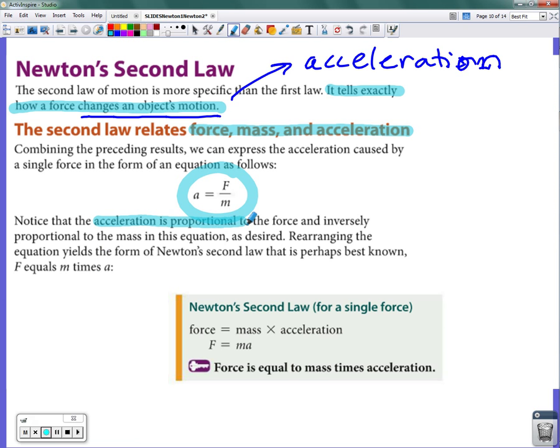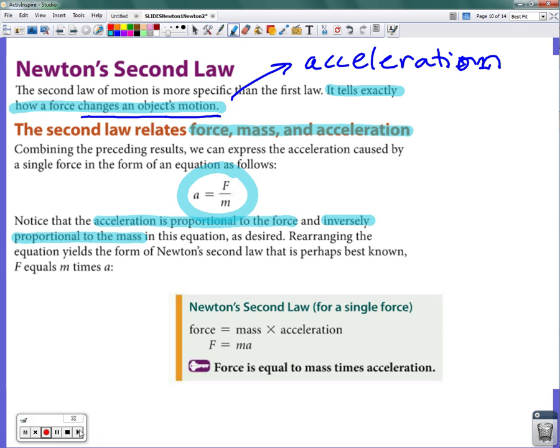Acceleration is proportional to the force. However, mass being on the bottom of that fraction, if we make the mass bigger while keeping the force the same, if the bottom of a fraction gets bigger, the answer, quote unquote, to that fraction has to get smaller. So acceleration is inversely proportional to the mass.